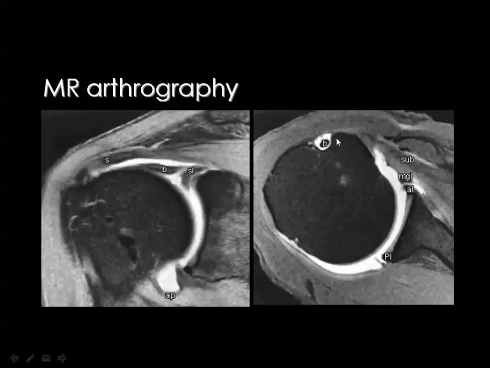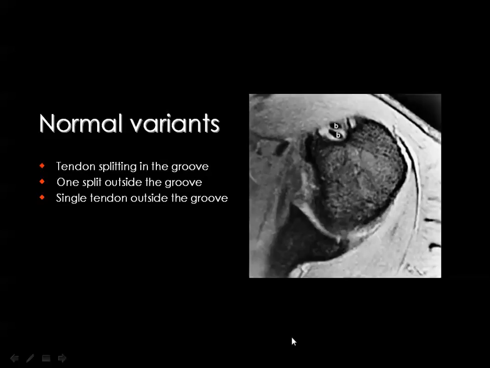In the axial images, you see the groove, which is located between the lesser tuberosity and the greater tuberosity. Then you can see the biceps tendon.